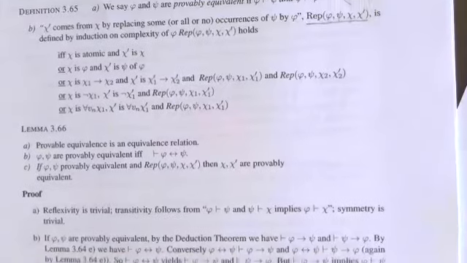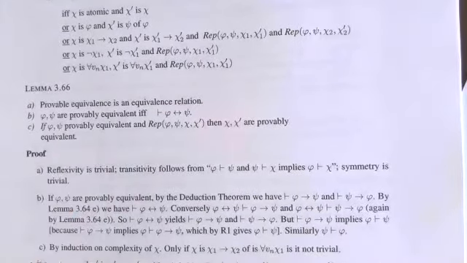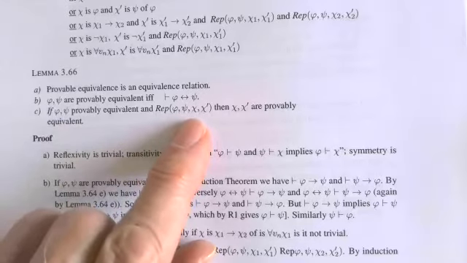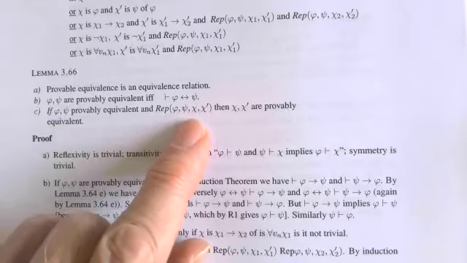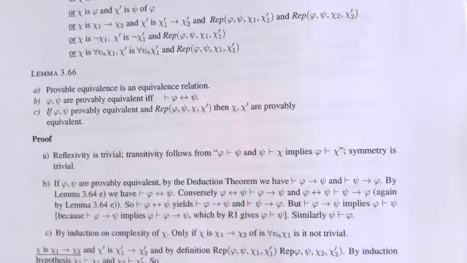And the idea, at least in the lemma, is that if I've got two provably equivalent things, and I change pieces of chi by replacing one by the other, I end up with something provably equivalent to what I started with.